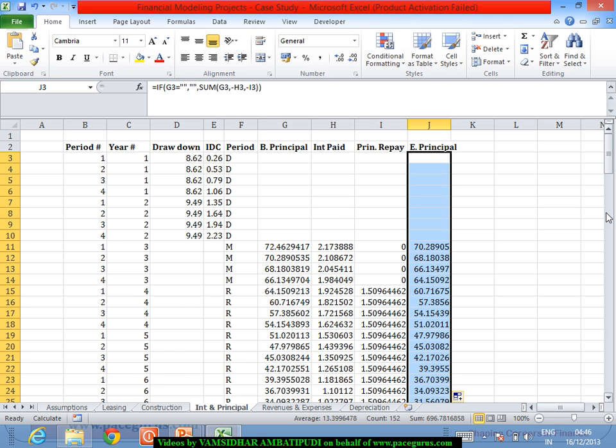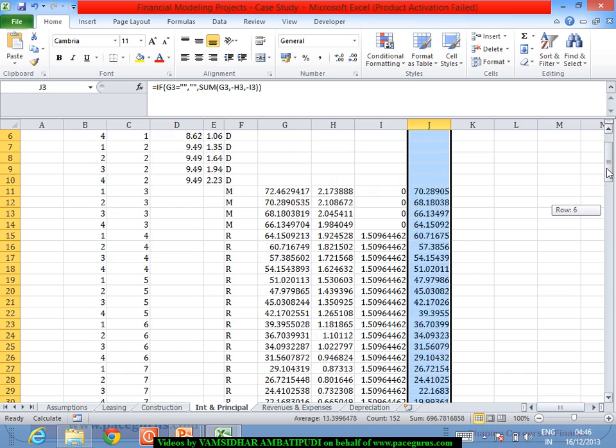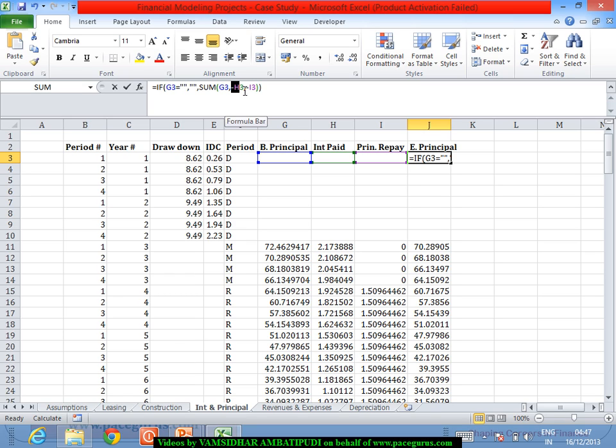In each of the periods I am getting some principal getting reduced, but what is happening is, okay, here I should not take out the interest repayment, sorry, only the principal repayment needs to be taken out, right? Because interest is a separate expense, only the principal balance I am reducing in each of the periods. So I do not bother much about the interest payment.